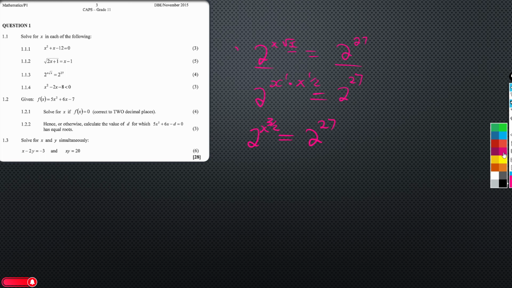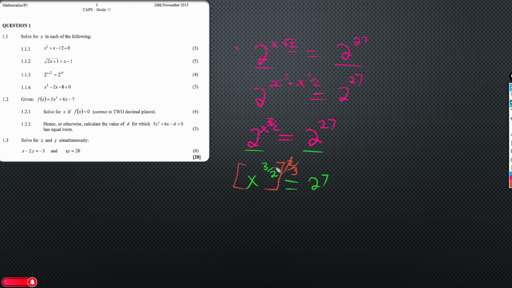So now we can say that the exponents are equal to each other: x to the exponent 3 over 2 is equal to 27. Now we want to get rid of this exponent, so let's multiply the exponent with its inverse, which is 2 over 3.